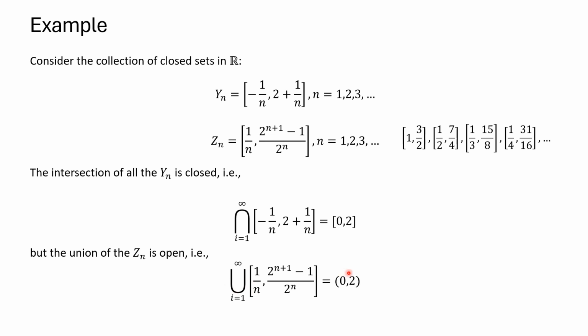So the union of all these is the interval from 0 to 2. And as we see, it's an open set. Again, we would have expected that from the theorem on the previous slide: the union of an infinite number of closed sets could be closed in some cases, but it doesn't have to be. And we've seen here where that happens, it becomes an open set when we take the union of all these.